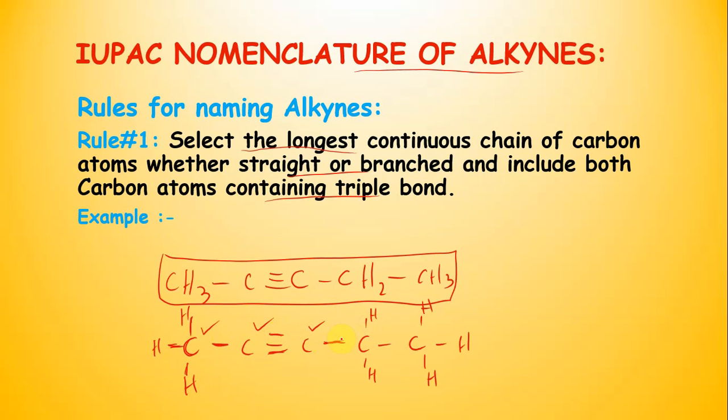Valency is satisfied. Look here, it is very clear that the valency of this carbon is also satisfied, and of this one too. So this is a very easy way to write the full structure of the organic compound, and in this way you can understand better.